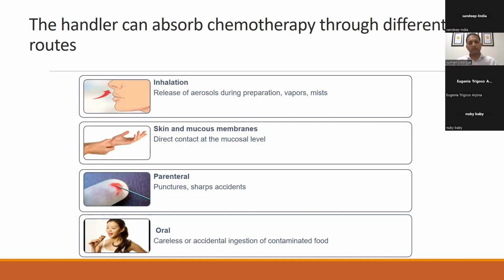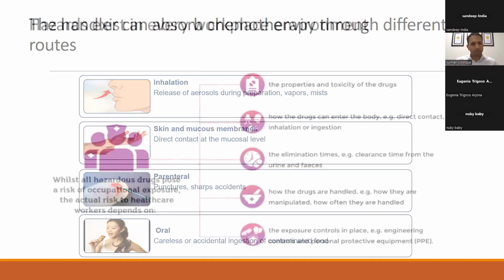With direct contact, if chemotherapy drops on your skin, it has the potential to absorb through skin and mucous membrane. Parenterally, while you're preparing or administering, if you have a puncture or a sharp accident, that can also lead to chemotherapy exposure. The oral route is there as well, careless or accidental ingestion of food contaminated with chemotherapy.